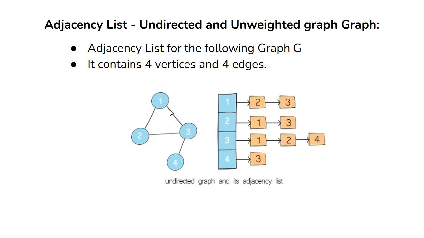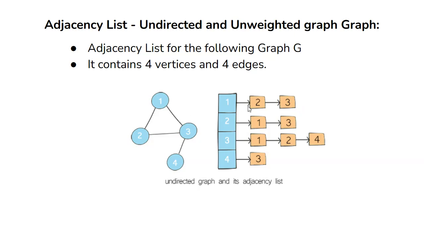But if a weight is given, each and every node has two parts, as in the linked list data structure. One is to store the data or vertex name. Another part is used to store the weight or cost of the edge.